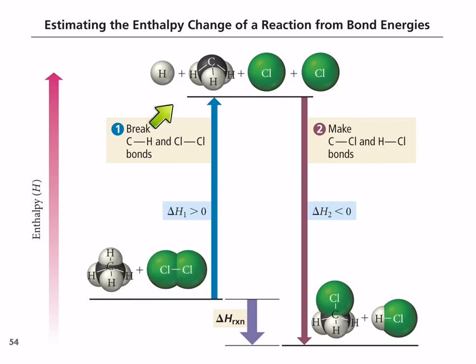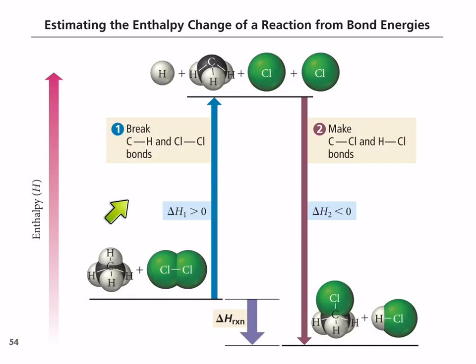So we'll figure out how much energy has to be put in to break those two bonds. And then we're forming a carbon-chlorine and a hydrogen-chlorine bond, and that's going to be energy being released. We add those together, and that gives us the estimated enthalpy of reaction. Any questions? Does that concept make sense?